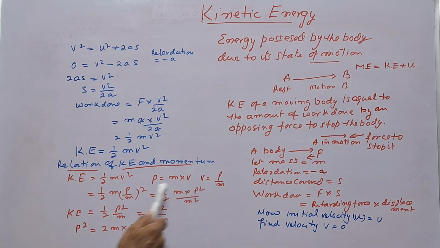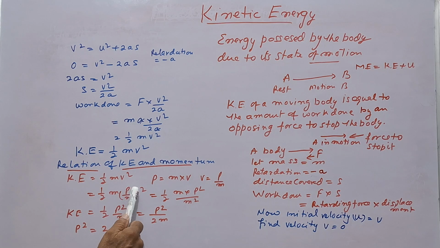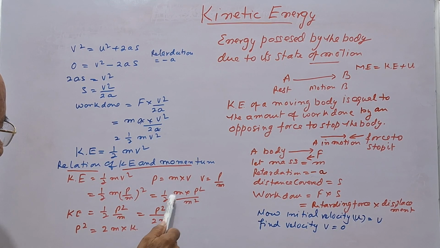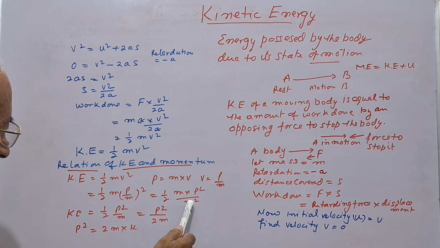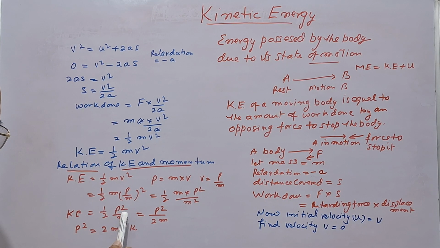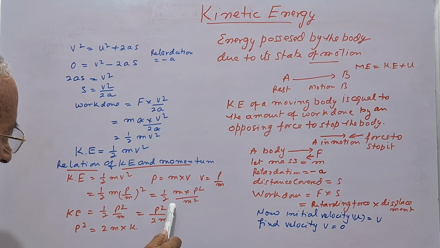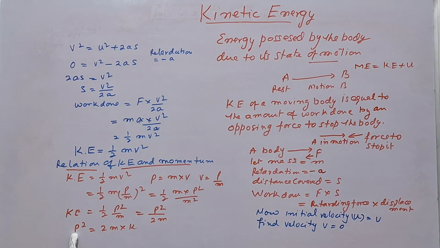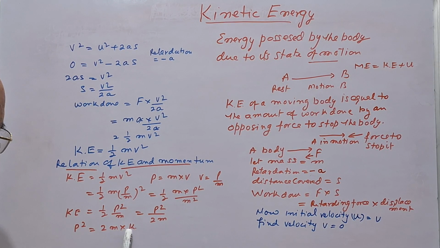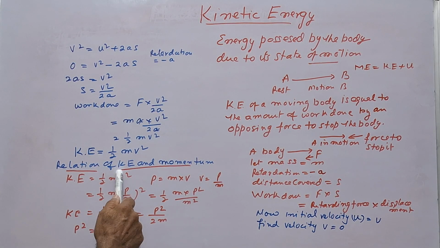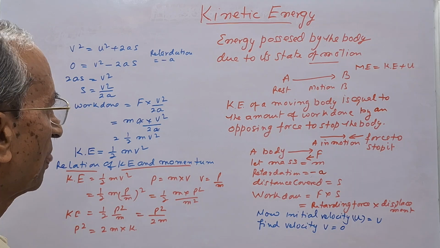Now putting the value of v in the equation, kinetic energy is 1 upon 2 m into momentum square upon m square. One m is cancelled out, so kinetic energy is equal to momentum square upon 2m. So momentum square is equal to 2 into mass into kinetic energy. This is the relationship between the kinetic energy and the momentum.